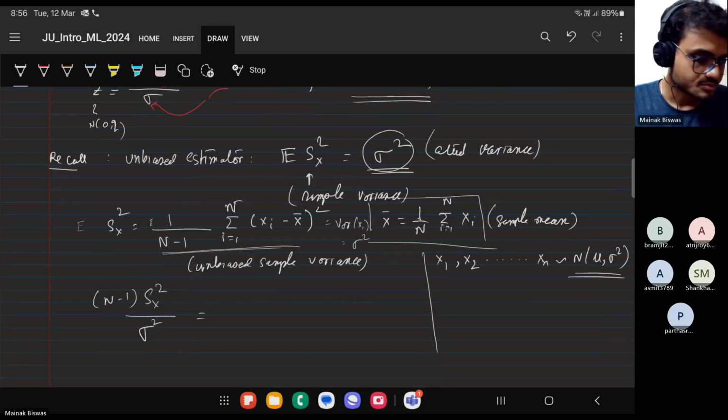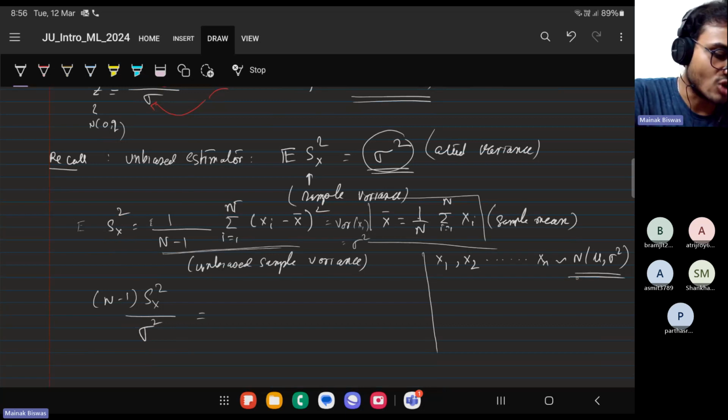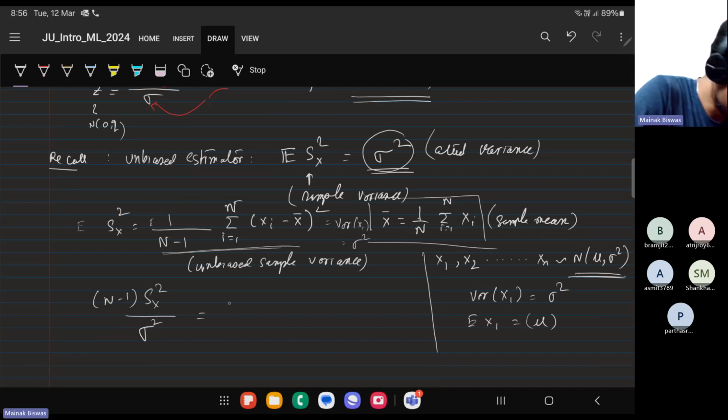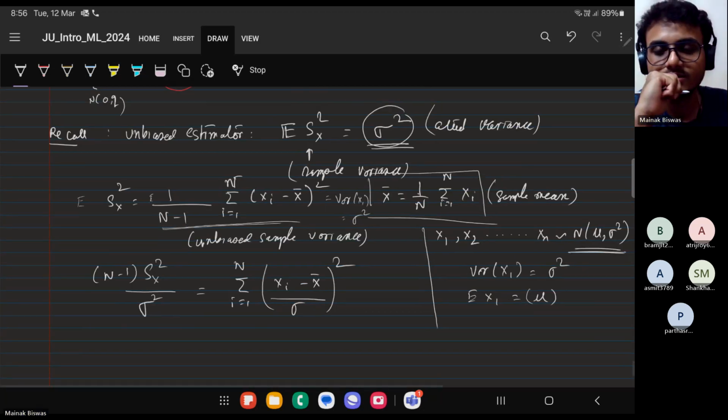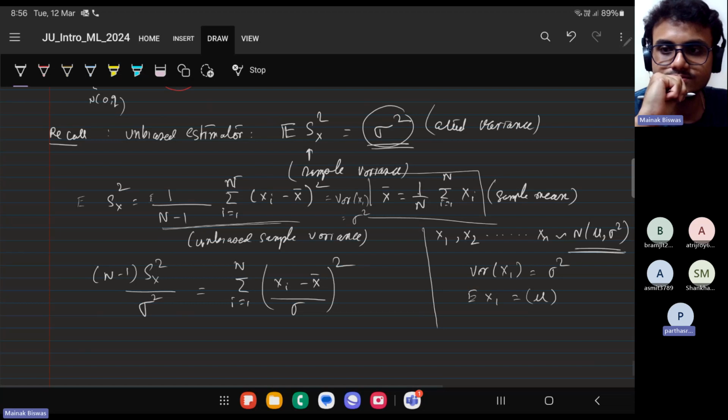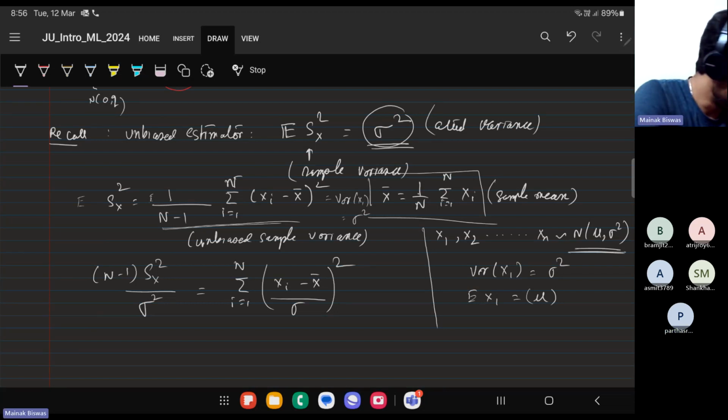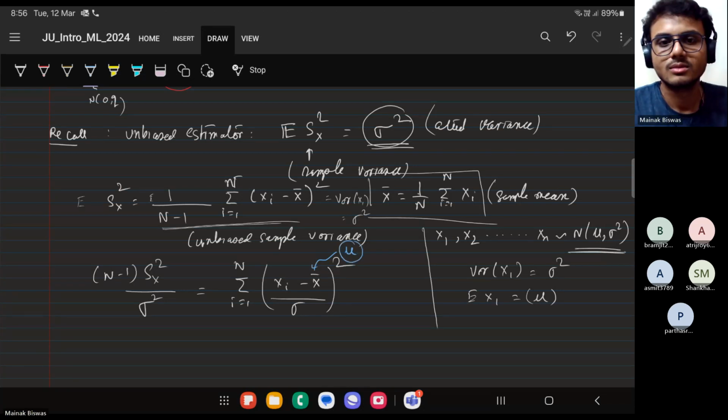So they are distributed as normal mu sigma square, and variance of xi is equal to sigma square, expected value of xi is equal to mu for each of them. So do you see the right hand side is equal to the summation of xi minus x hat by sigma, whole square, right? Yes or no? And this is an unbiased estimator of mu, the mean.